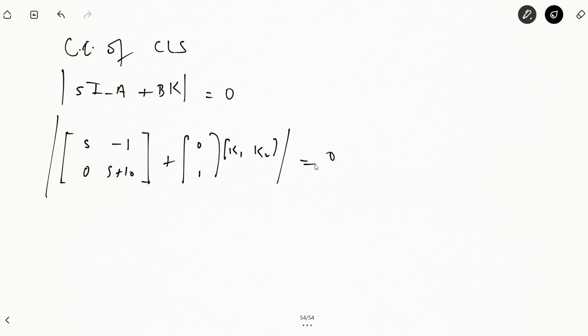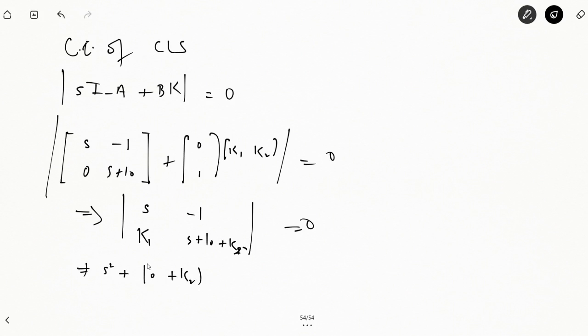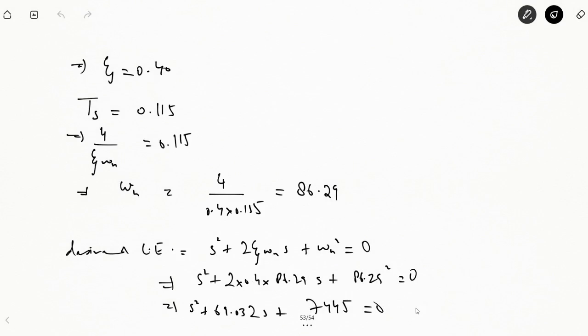Determinant of this is equal to 0, which implies S minus 1, K1, S plus 10 plus K2 is equal to 0, which implies S square plus 10 plus K2 S plus K1 is equal to 0. This is your equation number 2. Equation number 1 is this.